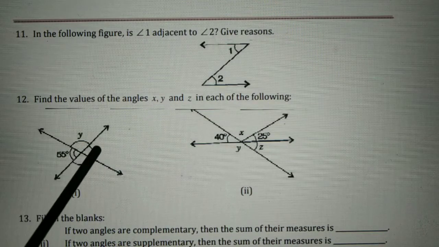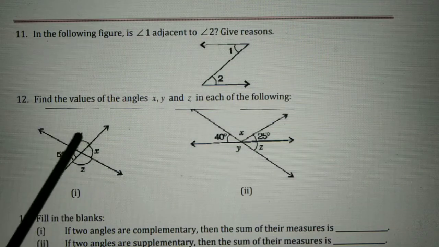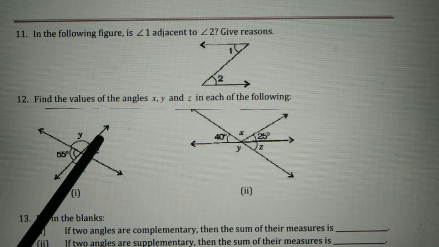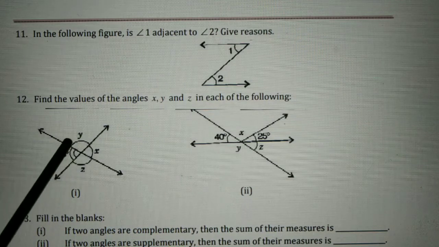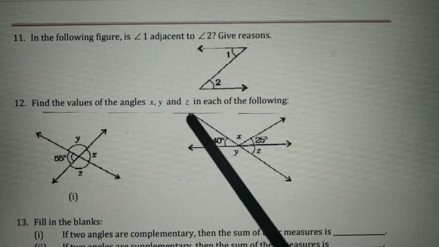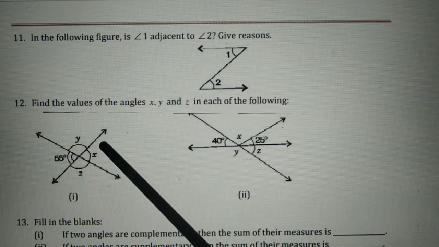Now when we find out the value of X, then what happened here? Now you can see Y and X make a linear pair because they are on the same line. So the total sum of these two angles is 180 degrees, and they are adjacent as well because this is the common ray between these two lines. So if the value of X is known to us, that is 55 degrees, due to vertically opposite angles, we can find out the value of Y because X and Y are a linear pair.